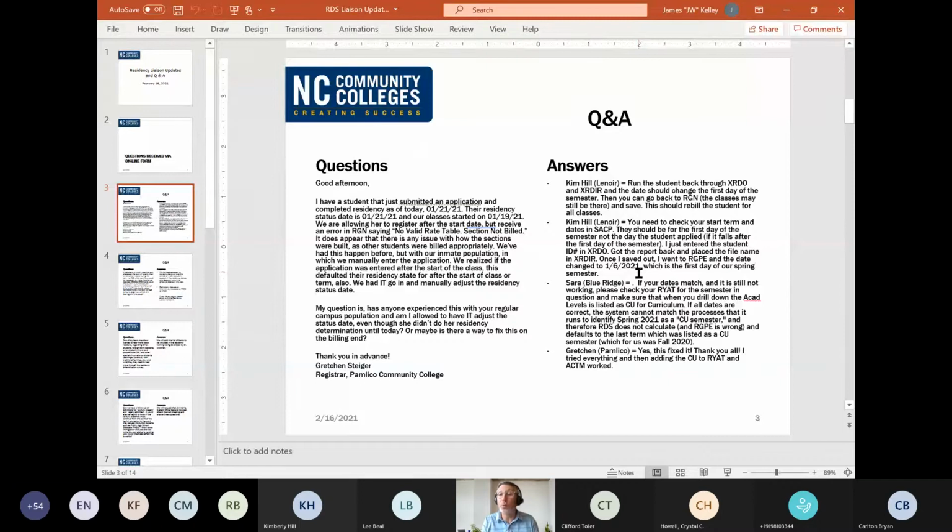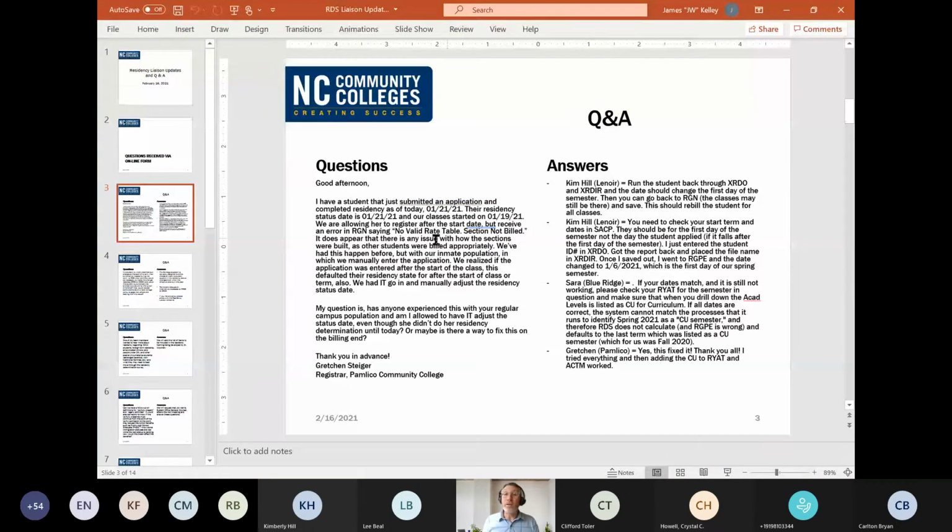I don't want to take the time to read it to you because I know everybody can read. Also needing to check your dates on Riot and making sure your spring 2021 semester is updated correctly, your CU semester, of course. And Gretchen Marie had replied that all of that had helped and fixed it. It was primarily due to some updates that needed to happen on Riot and ACTM.